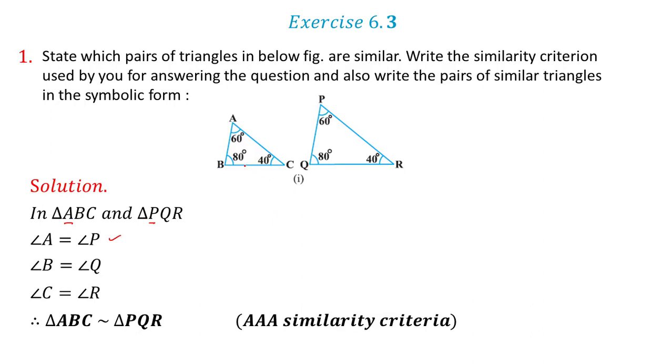Similarly, angle B and angle Q, they are equal, they are each 80 degrees, so I have given them in second position. Now you can stop here, you can say that triangle ABC and PQR are similar by AA similarity criteria, or here as the third angle also you find equal, that is C and R equal, so you can write that also and you say that triangle ABC is similar to triangle PQR by AAA similarity criteria.